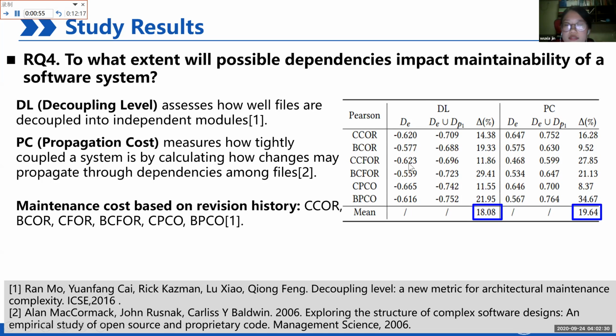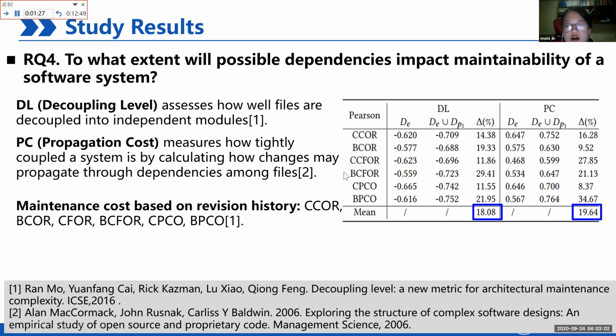Then based on DE and the union set of DE and DP1, we can get two groups of scores in terms of decoupling level and propagation cost. Then the question is, which group of scores can better reflect the real maintainability of the system? To do this, we measure the maintenance cost based on review history as the ground truth.